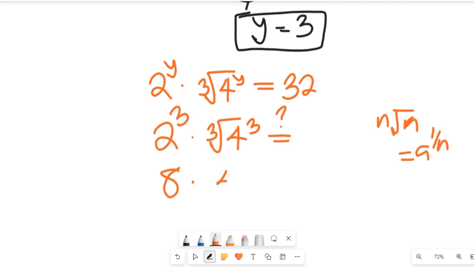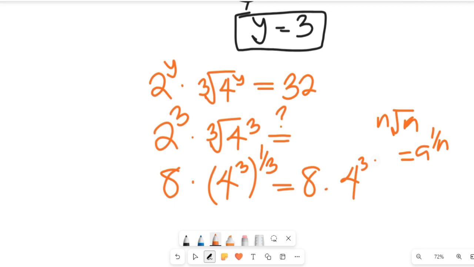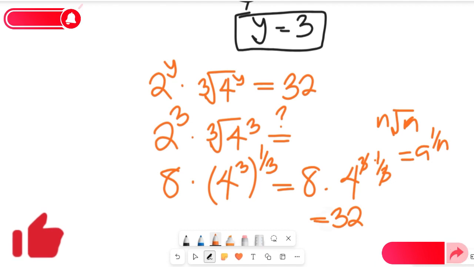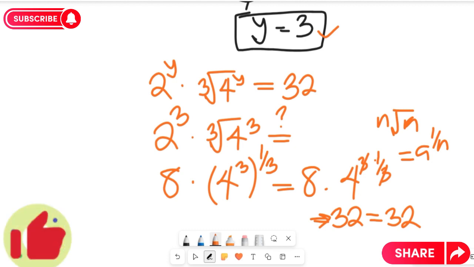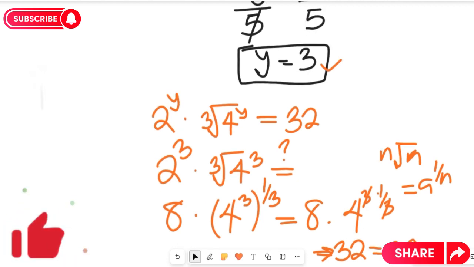So we'll have 4 to the power of 3 multiplied by 1 divided by 3. So this will be equal to 8 multiplied by 4 to the power of 3 times 1 divided by 3. So 3 clears 3, and then 8 times 4 will be equal to 32. So we see 32 on the left hand side equal to 32 on the right hand side. That shows that the value y equal to 3 duly satisfies that exponential equation.